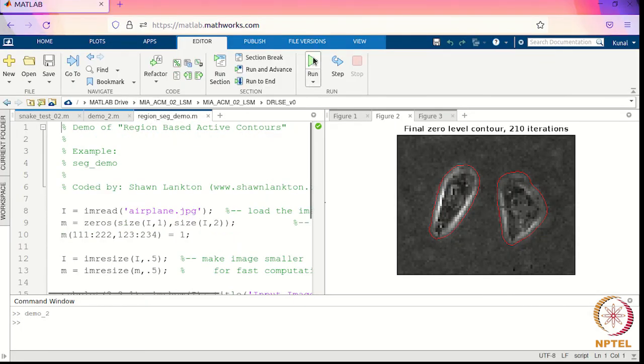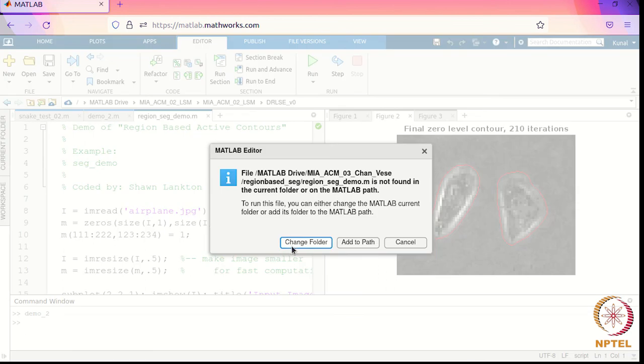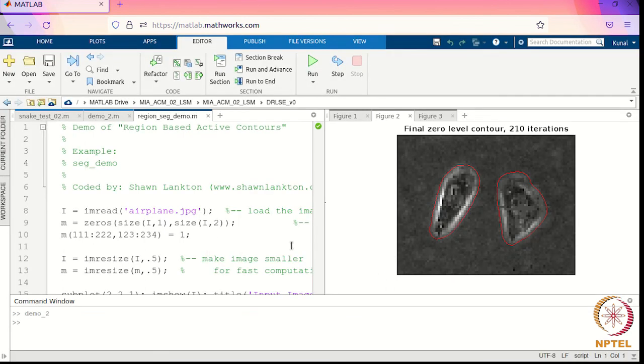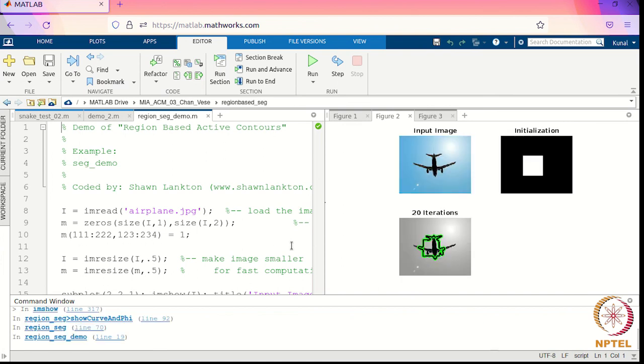If you run this, you see, this is your input image. Yes, this is your initial level set, and after some time, you can see it is able to capture the boundaries of this aircraft.